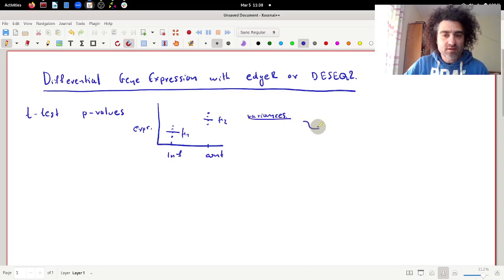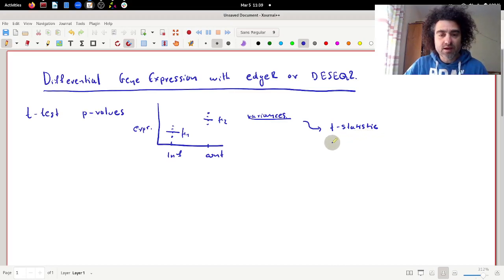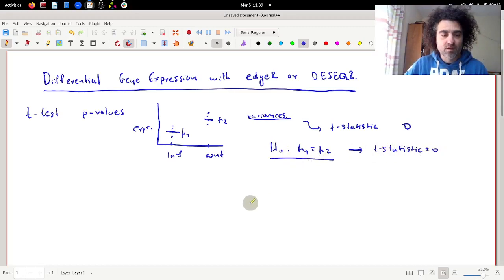Calculate the t-statistic then, and then assess whether this t-statistic is significantly different than the value 0. Because under the null hypothesis, μ1 equals μ2, which means that the t-statistic is 0. This is the null. Okay.